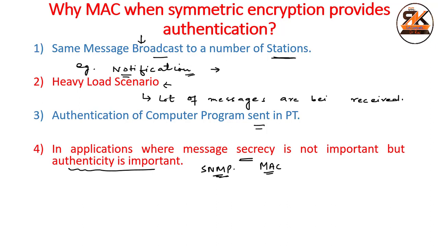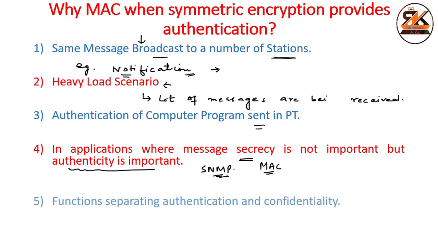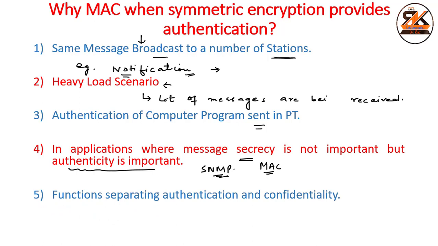The next reason why we need MAC instead of encryption is that there are certain functions which separate authentication and confidentiality, which affords architectural flexibility. Because of separating these two terms, there is a way out to architectural flexibility.